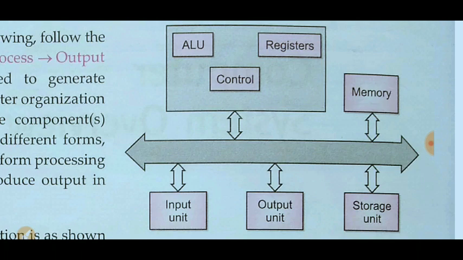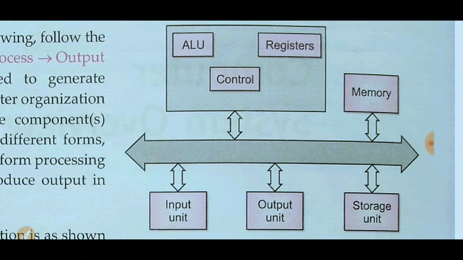Just like a bus is used for carrying passengers from one place to another, similarly in the computer, bus means like a wire used to share information or signals from one place to another place. Signal, data, information, whatever things, these things are carried with the help of this bus. This bus is known as system bus.